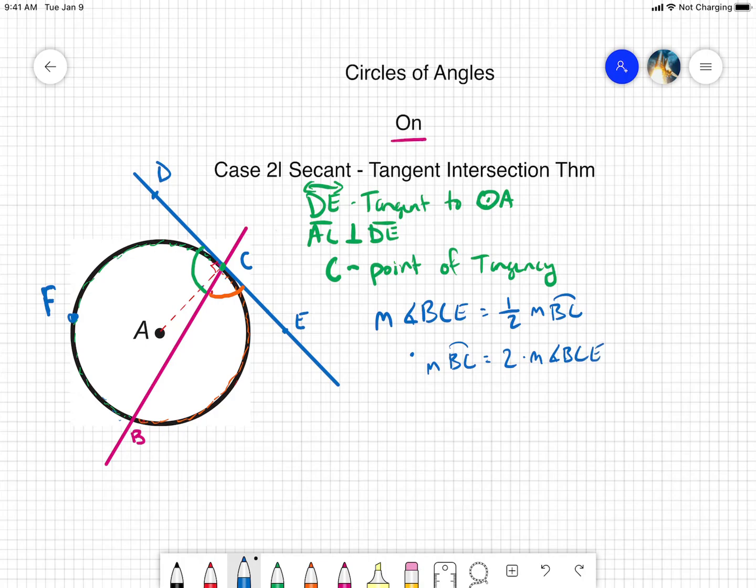And likewise, on the opposite side, we know that the measure of angle BCD is going to be equal to half the measure of arc BFC.